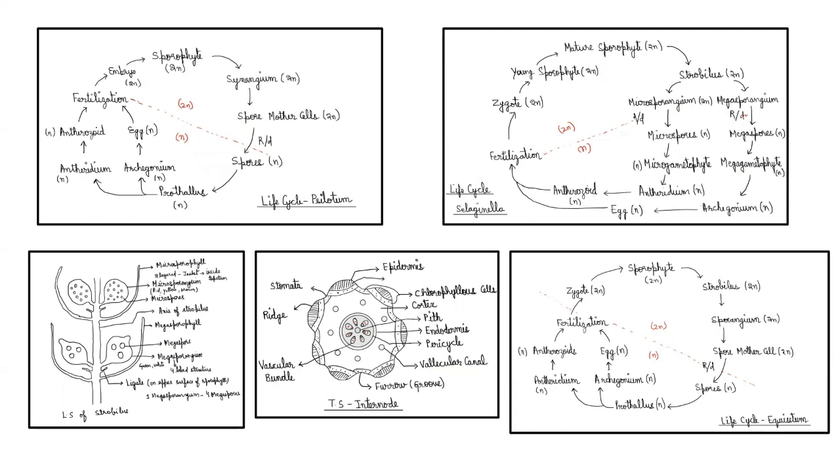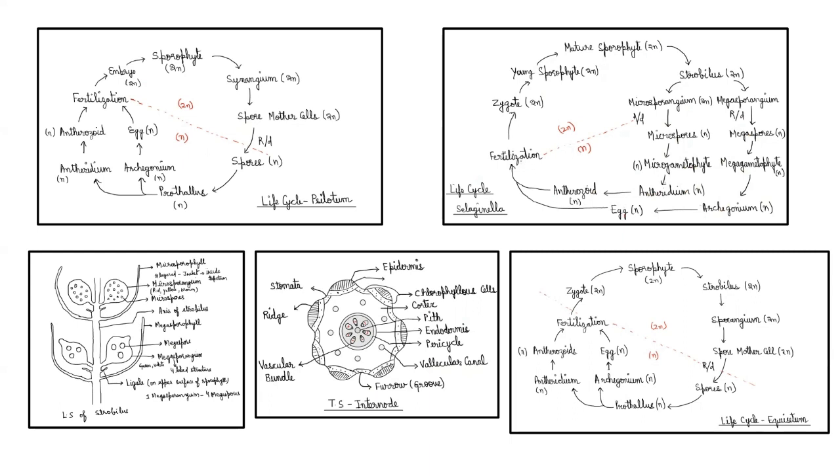The megasporangium will produce megaspores. These spores will be produced after reductional divisions, and the microspore will germinate to form the microgametophyte, whereas the megaspore will germinate to form the megagametophyte. Then the microgametophyte will form antheridium. The megagametophyte will form archegonium. Then the antherozoids and eggs as gametes are formed.